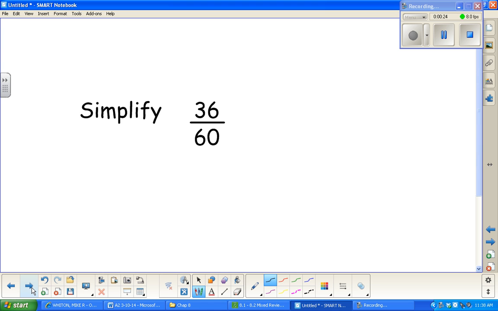First off, just think about when you have a basic fraction like this, no variables, something you've done since elementary school. What we're really doing here, if we're looking to simplify or reduce, is looking to see what can you divide out of each piece. So you can think of 36 as 6 times 6, and I know that 60 is 6 times 10.